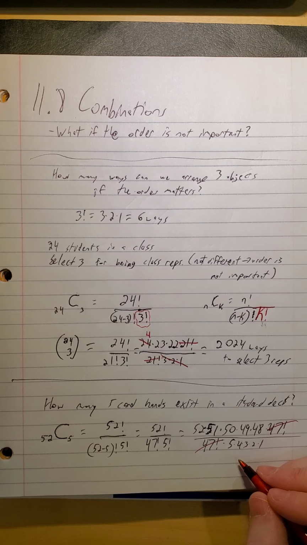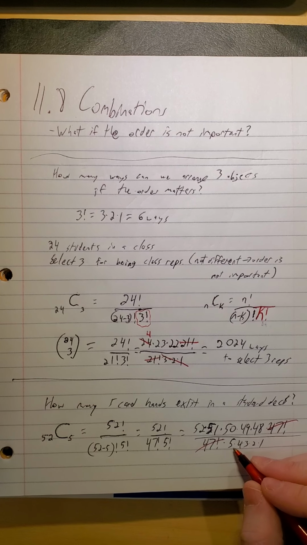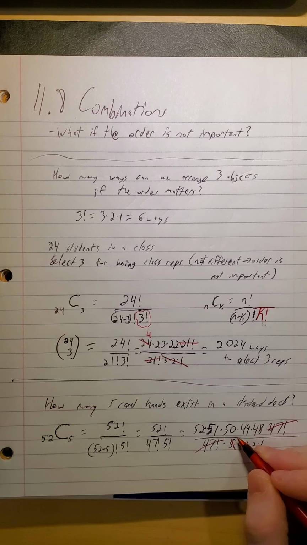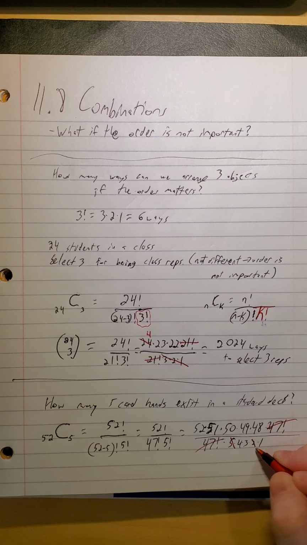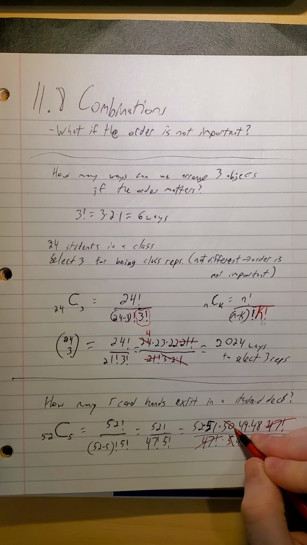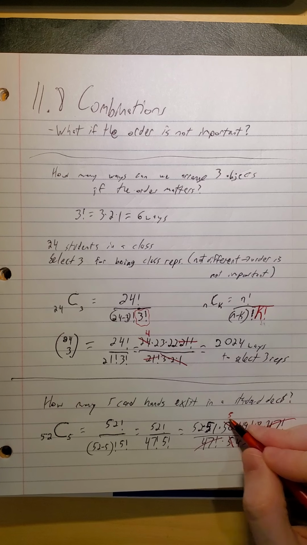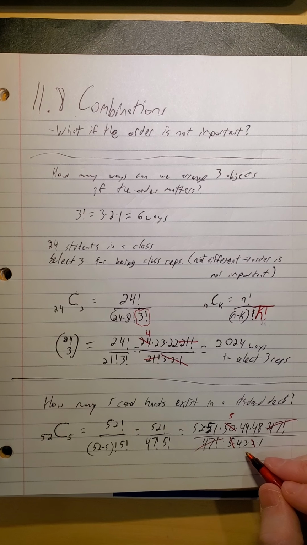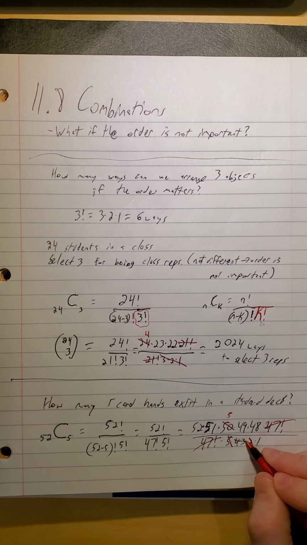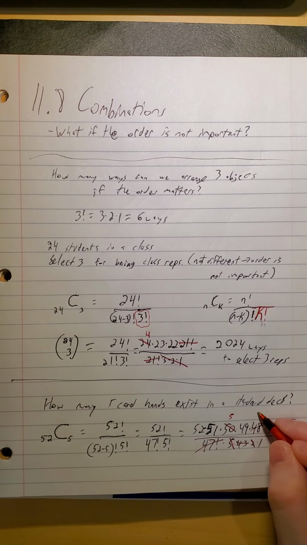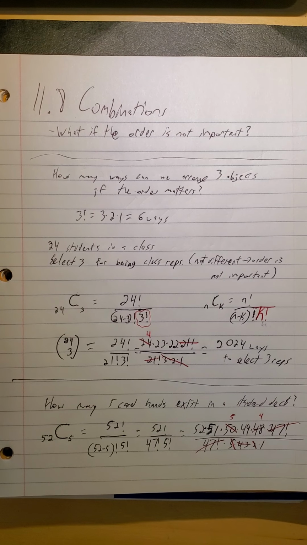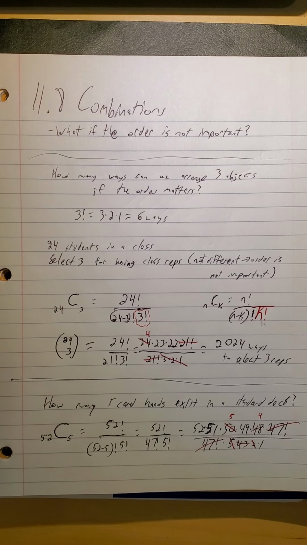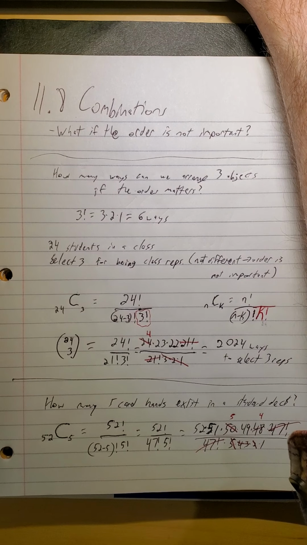So let's see. 5 by 2 is 10. 50 over 10 is a 5. 4 by 3 is 12. 48 divided by 12 is 4. That's all the canceling we can do, and then we just multiply what's left.